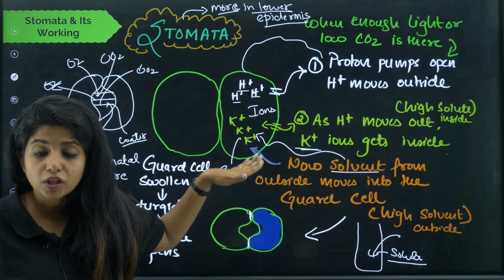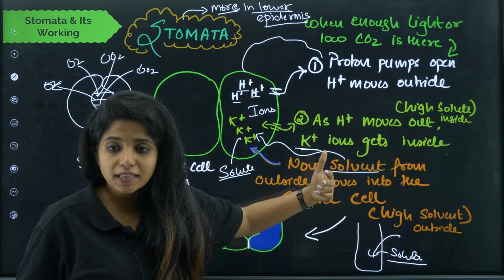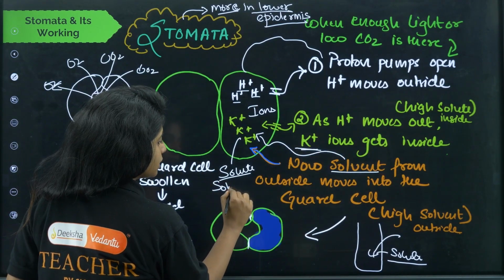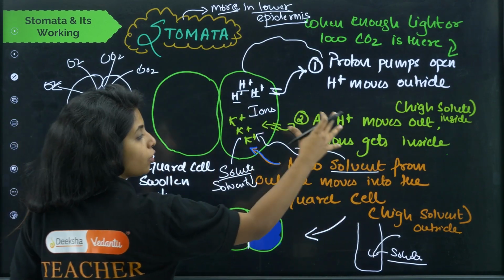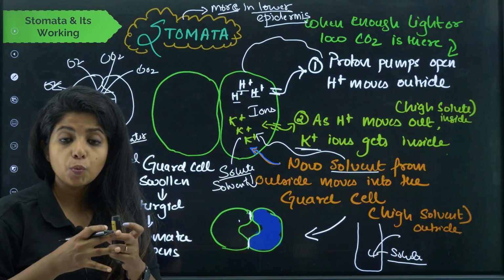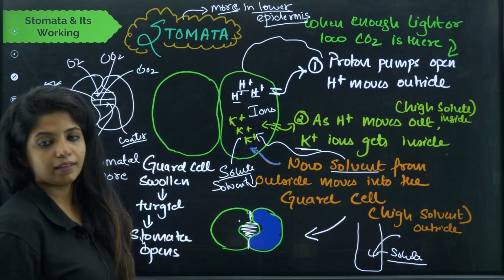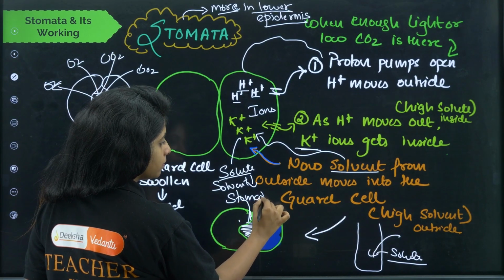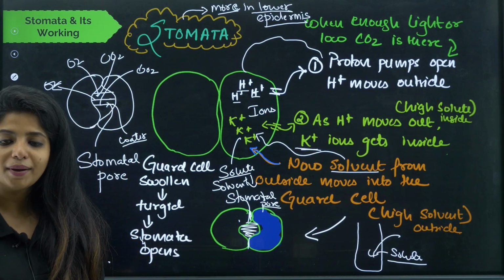So there is more solute within and less solute outside, or more solvent outside and less solvent inside. Solvent moves from higher to lower concentration, so water gets in. When water gets in, the cells get swollen and there is an opening in between. This is known as the stomatal pore and we say now it's open.